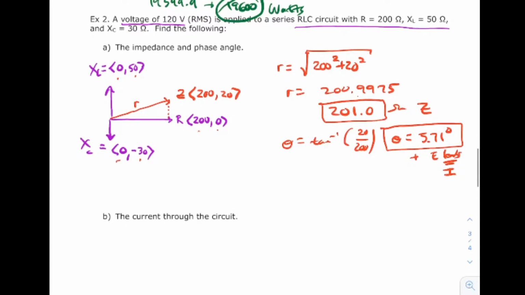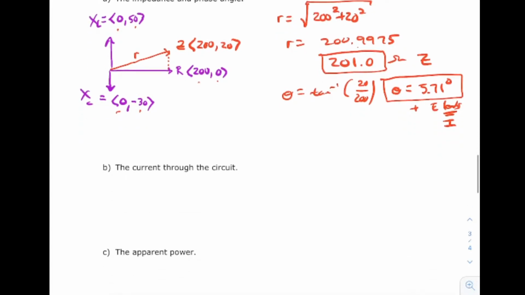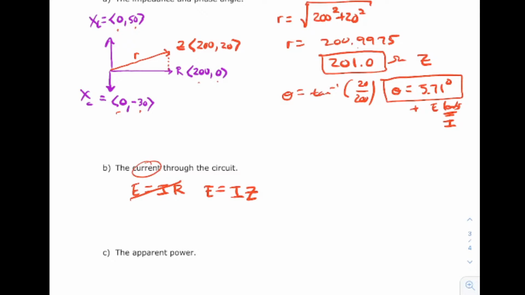Okay, current through the circuit. You can always use Ohm's law, except you don't want to use it that way because we have a series RLC circuit with AC electricity in it. So instead of the R, you use the Z. You can also refer to the table on page 1. It's E equals I times Z. We're trying to solve for the current, so I want the I by itself.